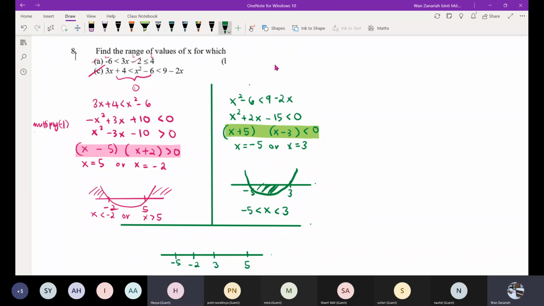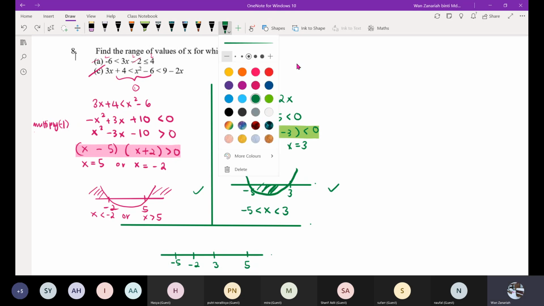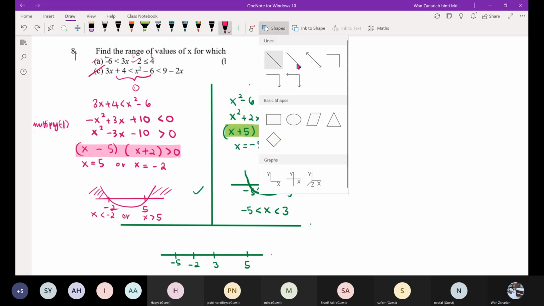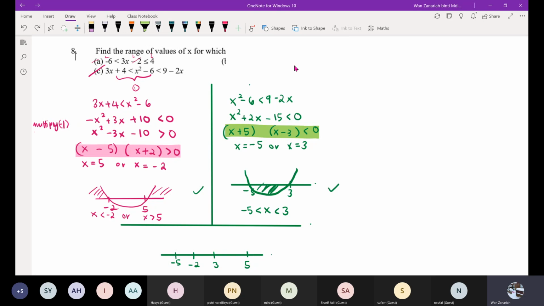Okay, before that, let's check our calculation. Is this correct? These two? Correct. Okay, good. Then we proceed. x is less than negative 2. This is the pink one. I take this part.